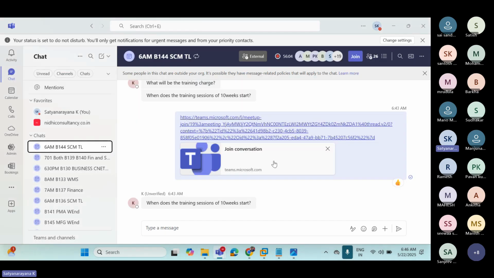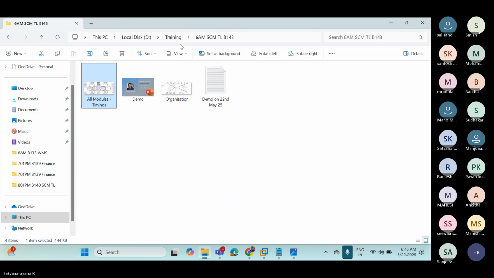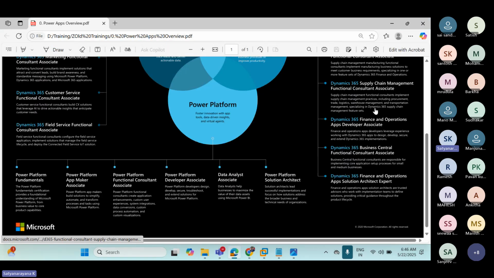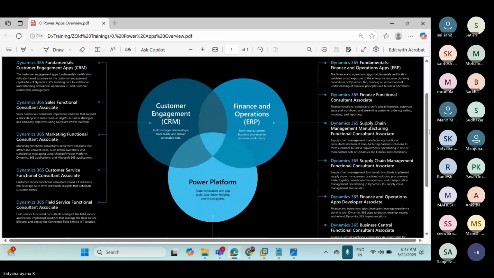Now coming to Shiva Seth's question. Let me go to the application. Just give me a second. See, if you look at this, finance and operations, this is the big product. And this is CRM, CE or CRM. This is Power Platform.